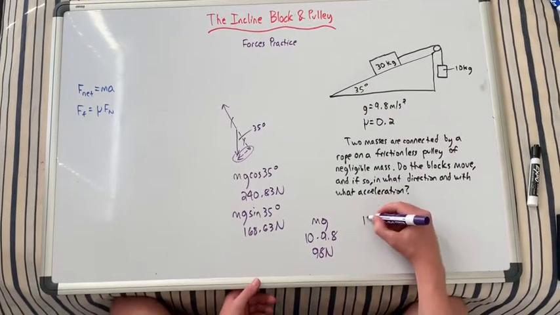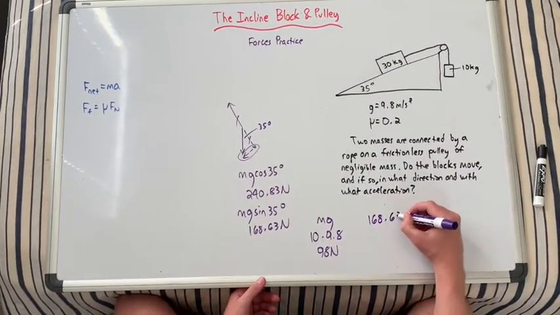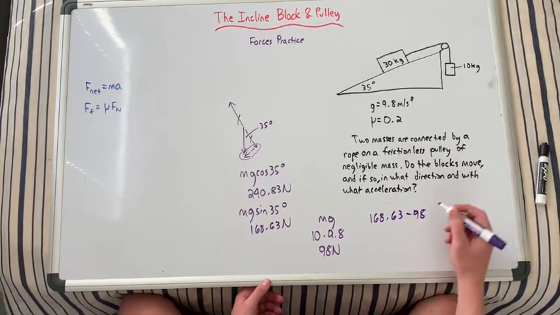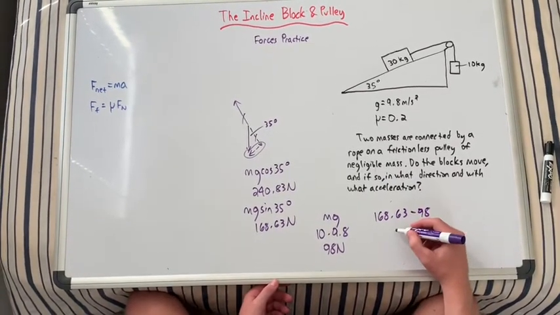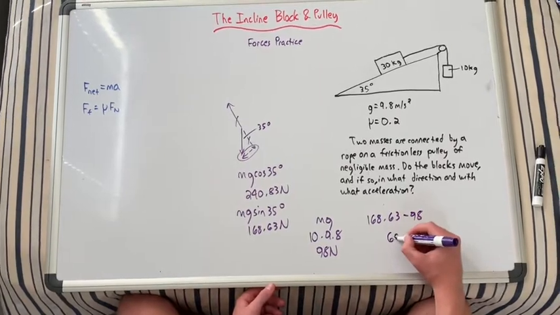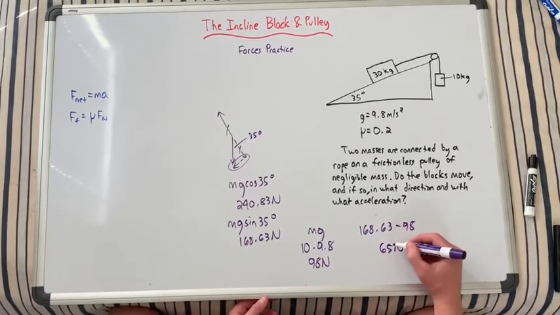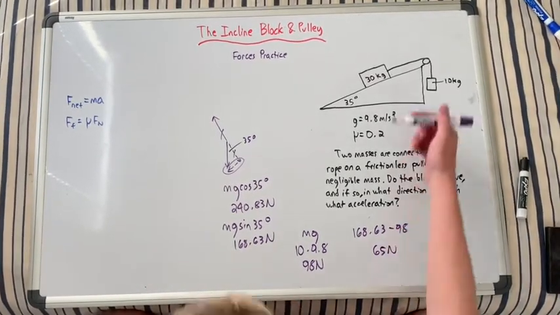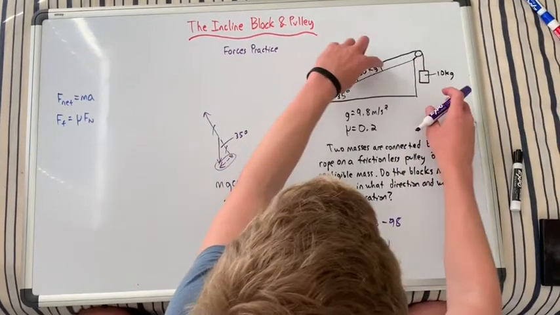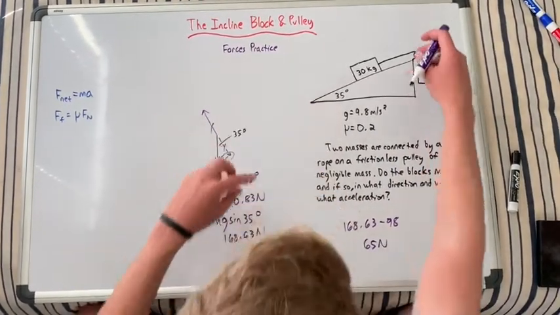So if we subtract them, we get a roughly 65 newton force, which is going to be the net force, which is going to want to make this block slide down the ramp and pull this block up with it.